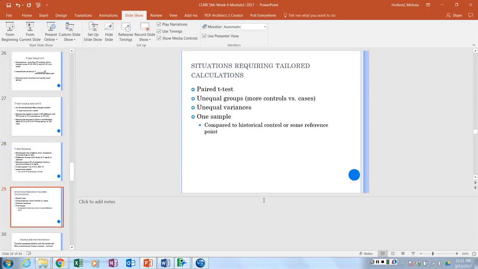So I just wanted to mention some situations that require tailoring the calculations with regards to t-tests and sample size. If you have a paired t-test, or if there are unequal groups, so if you have more controls versus cases, or, with the example that we did, the variance was the same, but the variance may not always be the same.